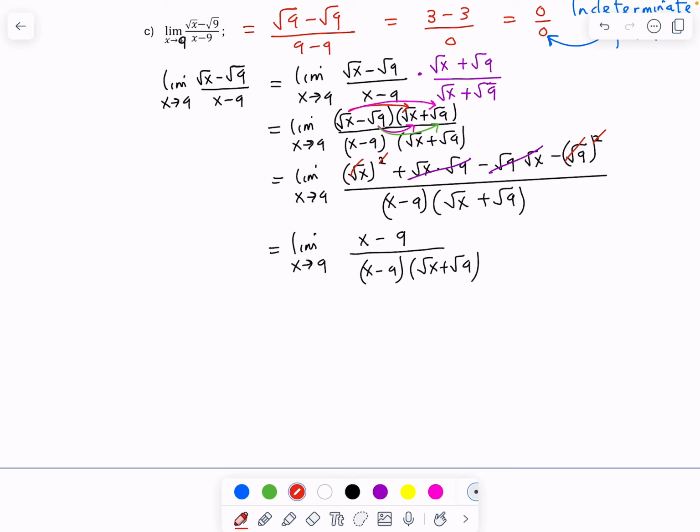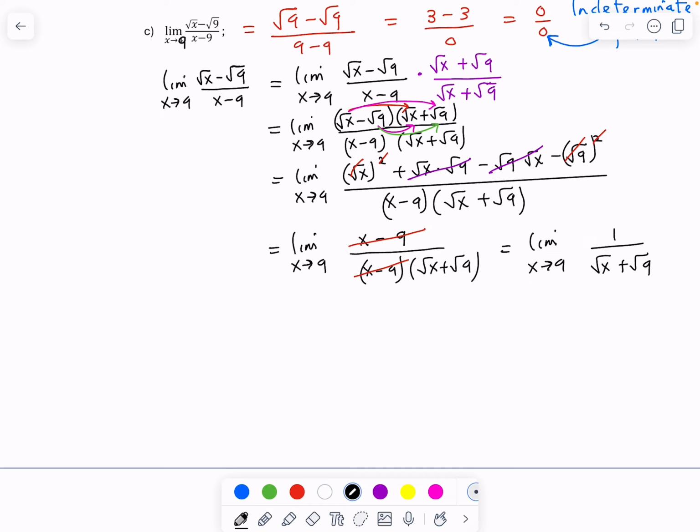This x minus 9 can cancel this x minus 9, so I'm left with the limit as x approaches 9 of 1 over square root of x plus square root of 9. And now I can safely plug in 9.